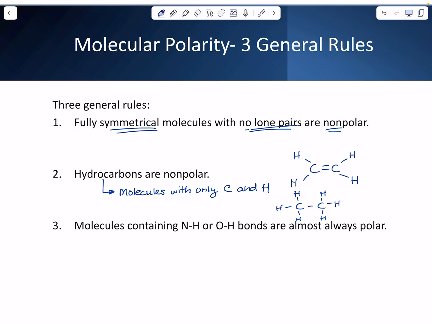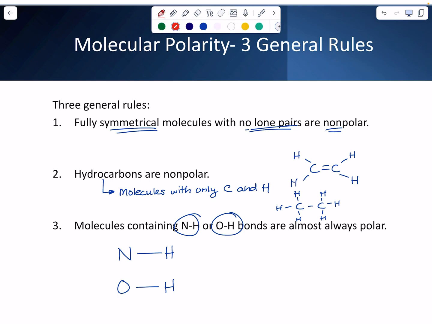Okay. All right, and then a quick way of spotting something that is polar, okay, is a molecule that has NH or OH bonds. Okay, so these are going to be bonds that are polarized towards the non-hydrogen atom, okay?